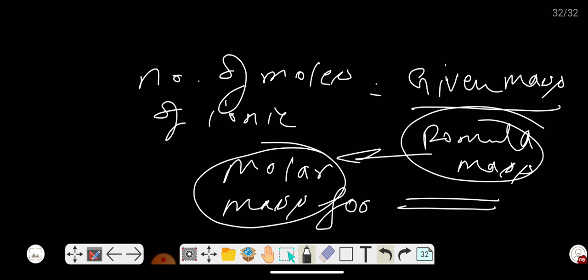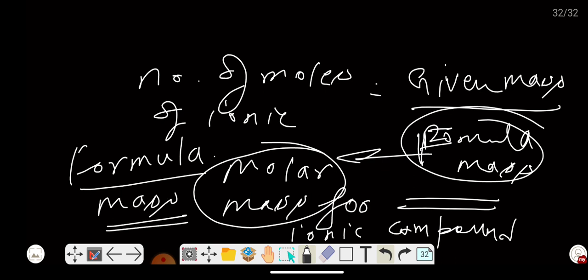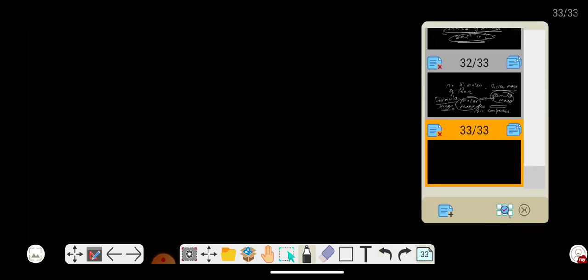So this is the molar mass for ionic compounds. So this is all about the basic concepts of chemistry.